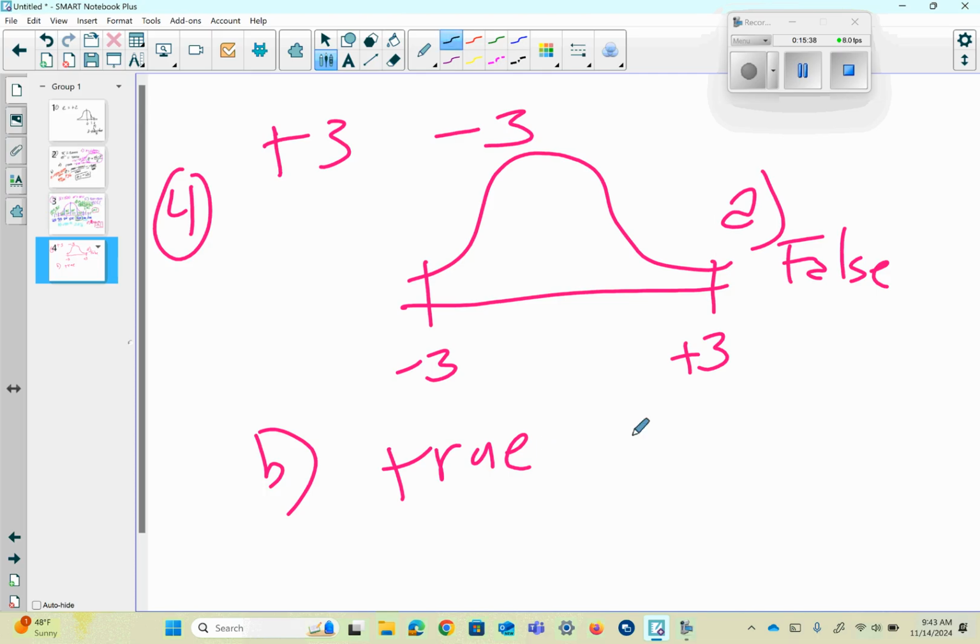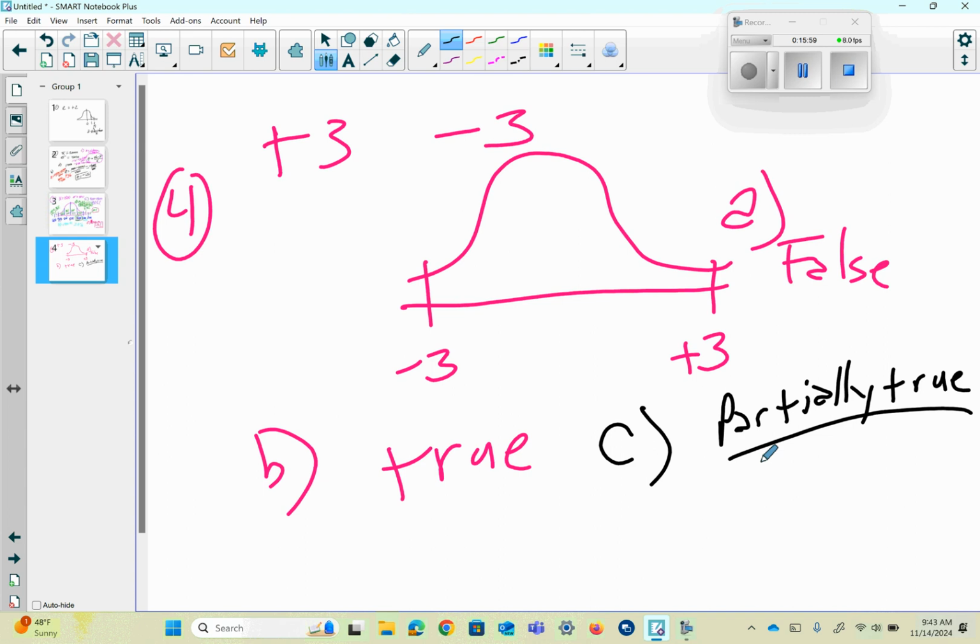Letter C, when the mean and the median are equal, this provides strong evidence that the data set is normally distributed. You're not going to like my answer. Partially true.